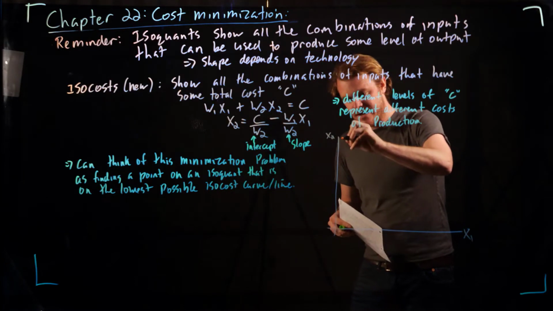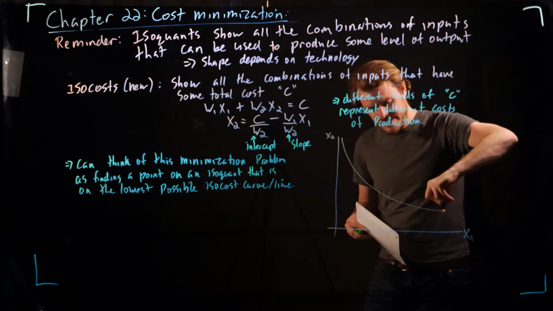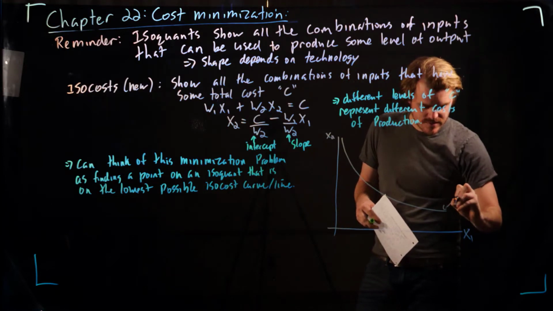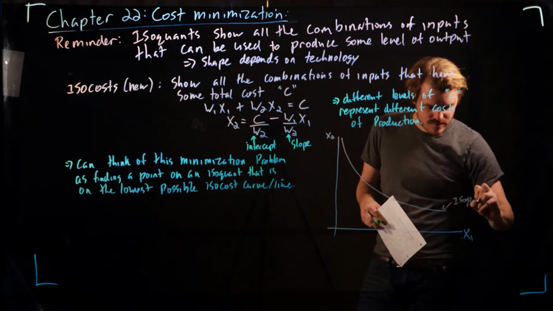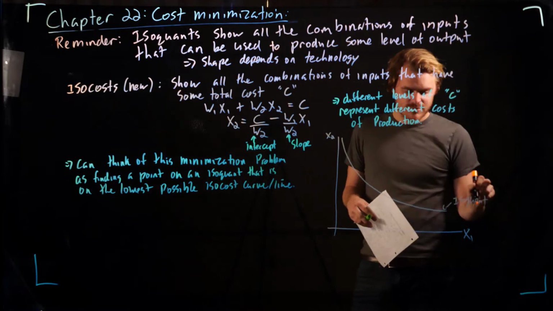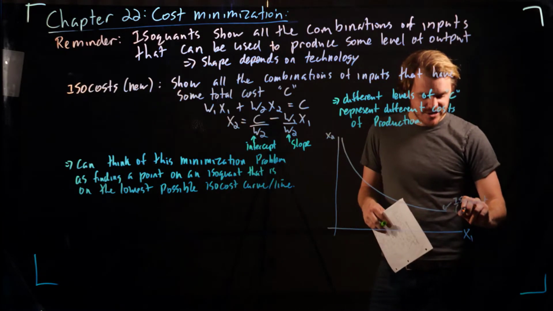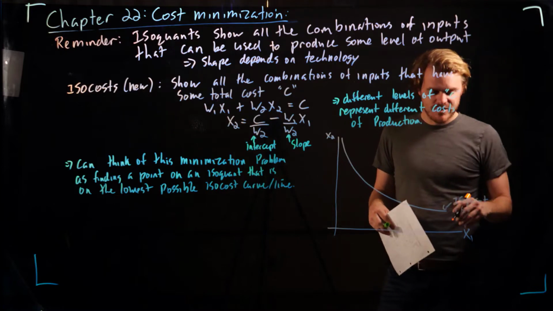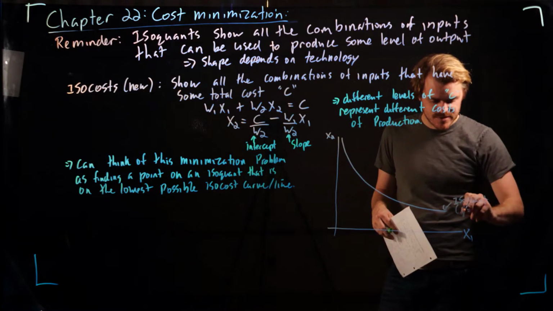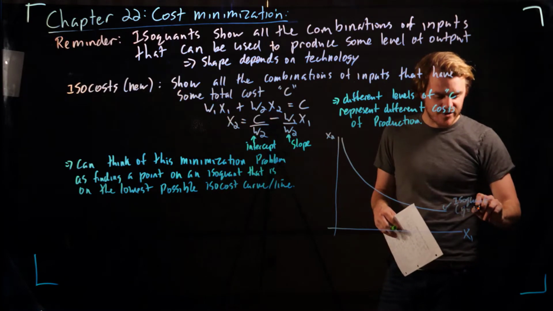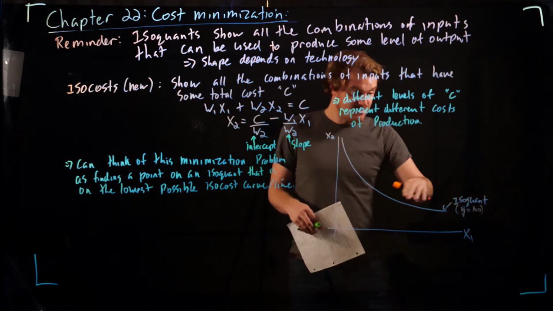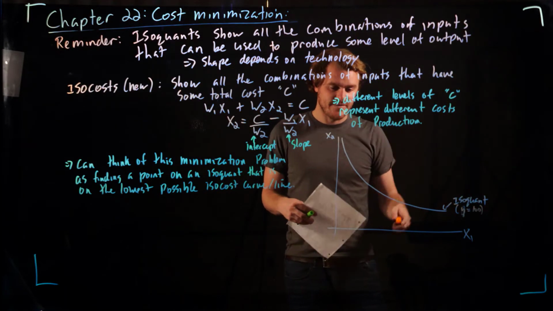Here's, let's say, an isoquant. This represents some level of production, Y, let's say 100 or something like that. Different isoquants are going to have different levels of production.